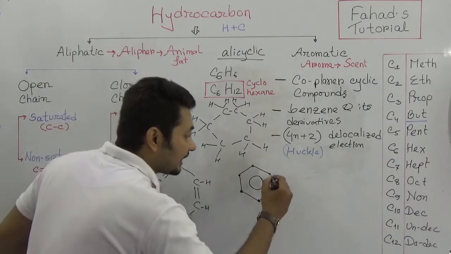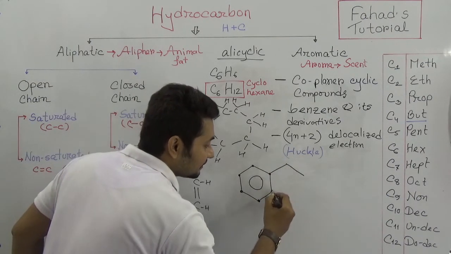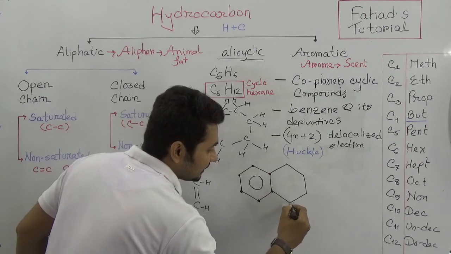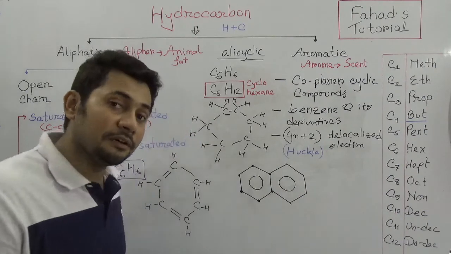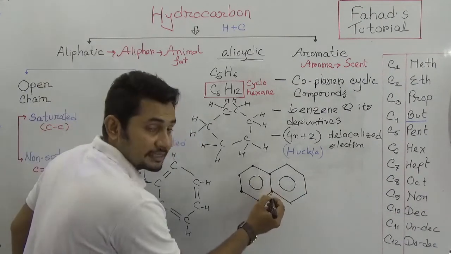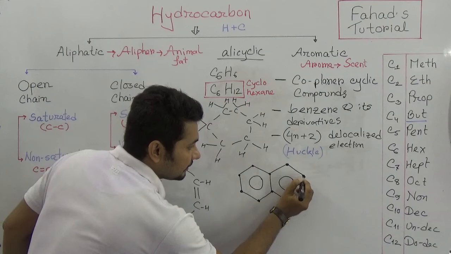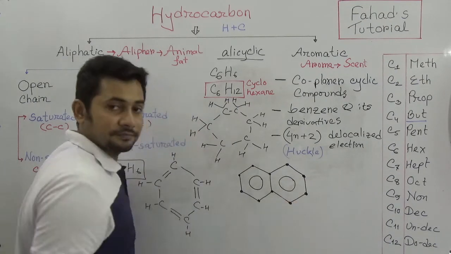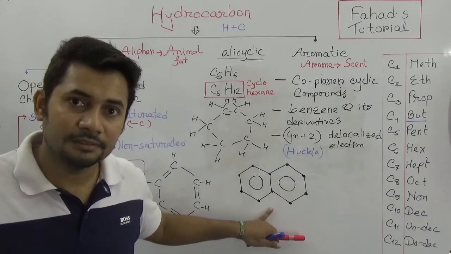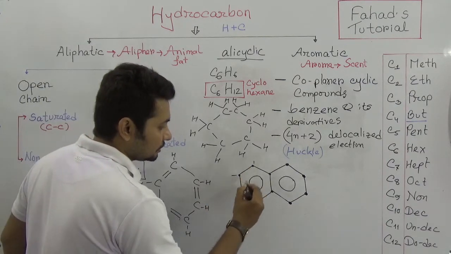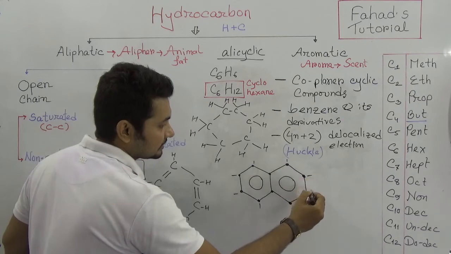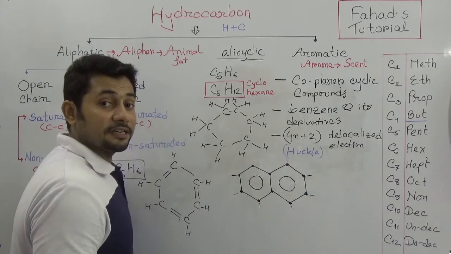So if there is another circle added with this, then you count the number of carbons. Total 6, 7, 8, 9, 10. There is 10 carbon, but only 1, 2, 3, 4, 5, 6, 7, 8. 8 hydrogen.